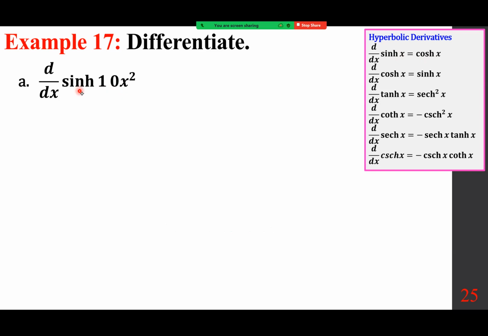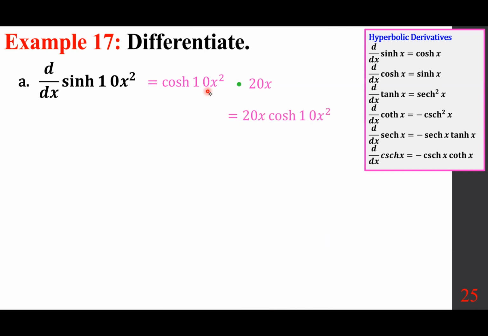The answer is cosh. And you have to write the argument, so cosh of 10x squared. By the chain rule, we need the derivative of 10x squared, times 20x. This is by the chain rule, everybody. And we put that in front, we are done.